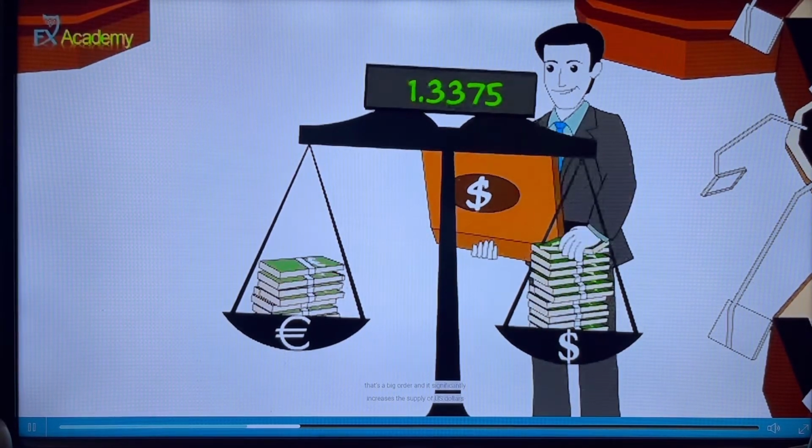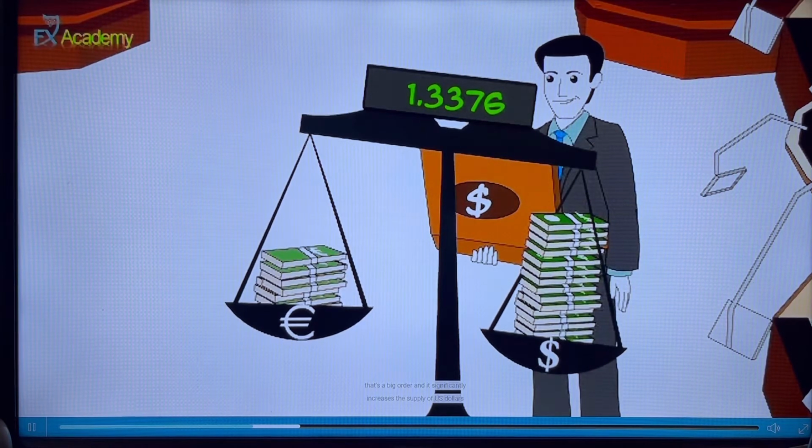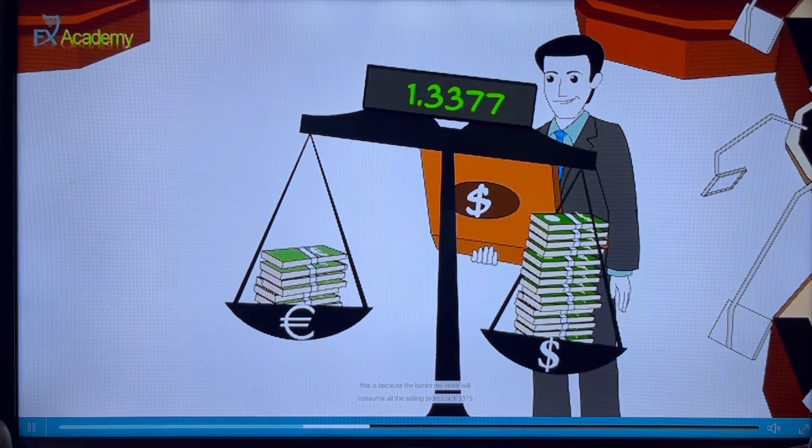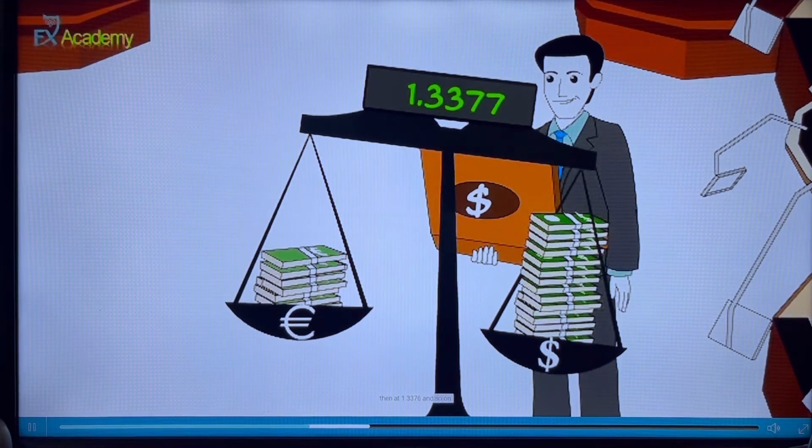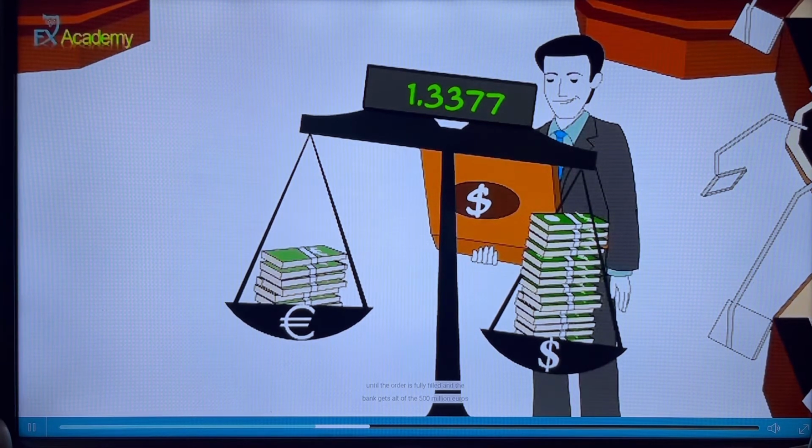That's a big order, and it significantly increases the supply of US dollars and the demand for euros in the market. If nothing else changes, the price of the euro-US dollar will now definitely rise above 1.3375. This is because the bank's buy order will consume all the selling orders at 1.3375, then at 1.3376, and so on, until the order is fully filled and the bank gets all of the 500 million euros it asked for.